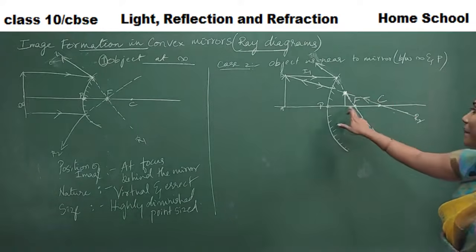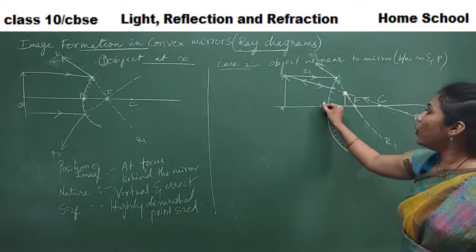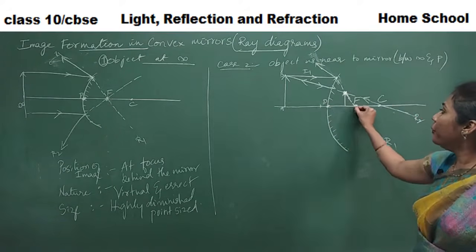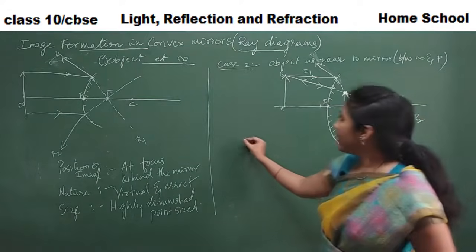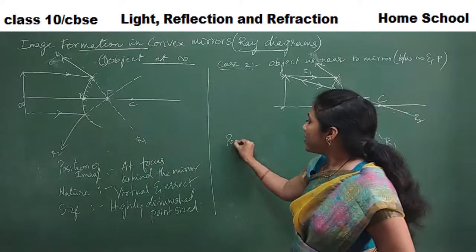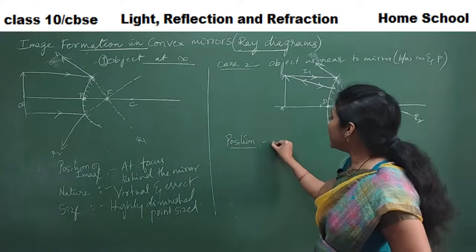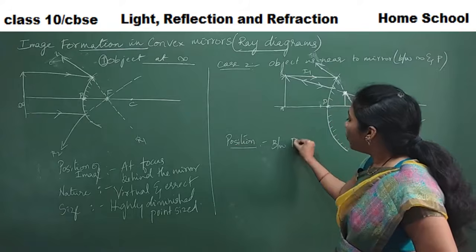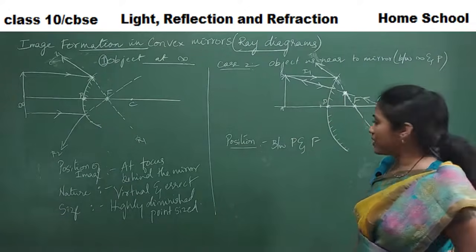So where am I getting an image? I am getting an image between pole and principal focus. Okay, so let me write the points here. So what is the position of image here? Position of image is between pole and focus point, principal focus.